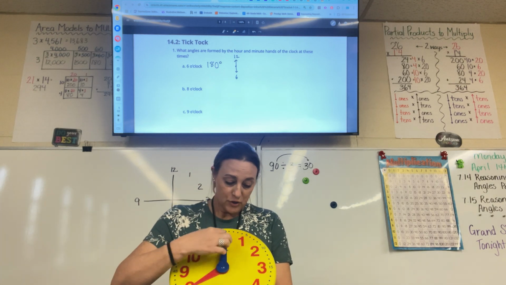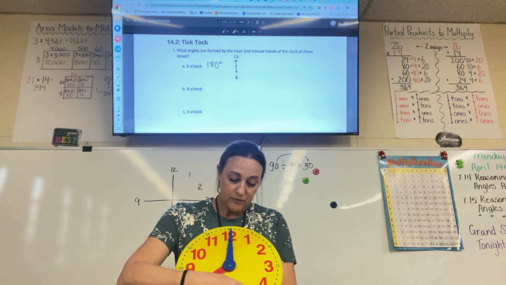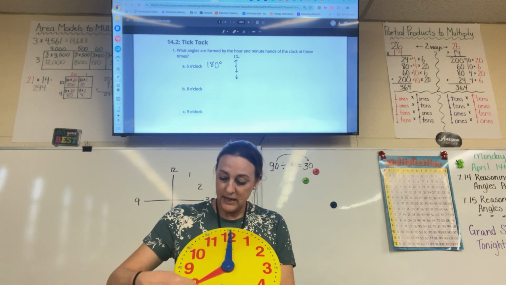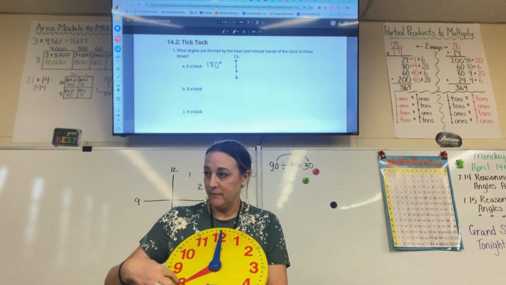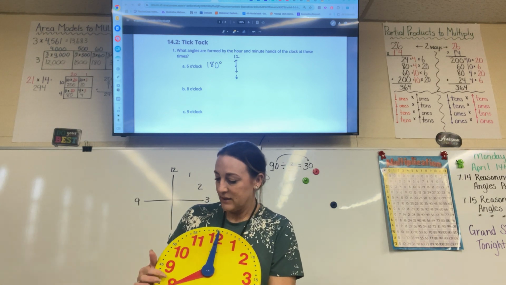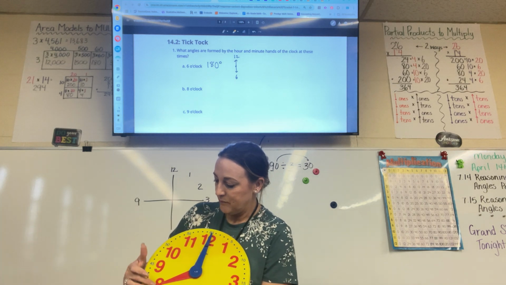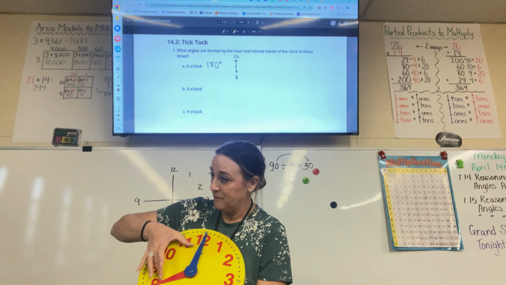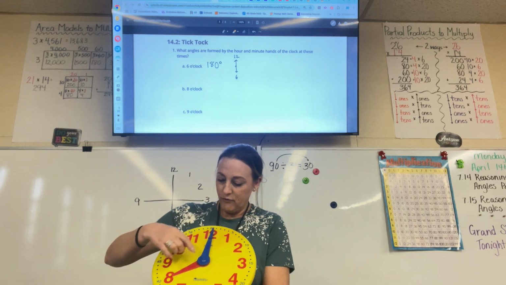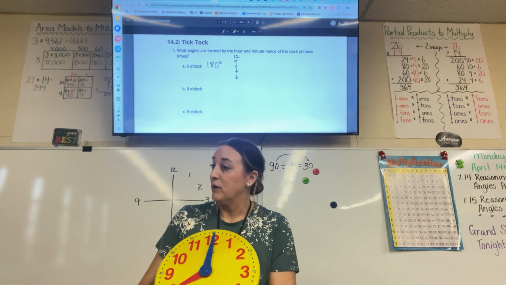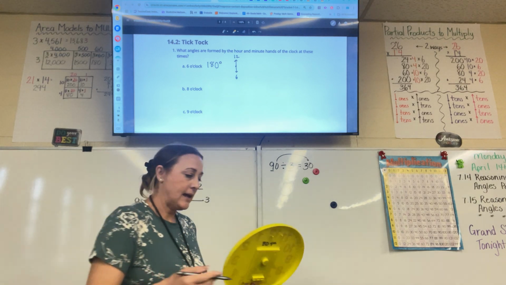But it can also be 150, 180, 210, 240. Does that make sense? So it is a 120 because the distance between them is 30, 60, 90, 120. But if you're counting from where it started at both at the 12, that would be 240. So it's both. Okay?